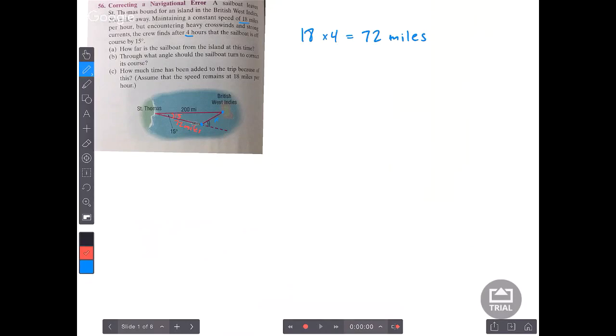So this is a pretty straightforward case of the law of cosines in order to find side x.